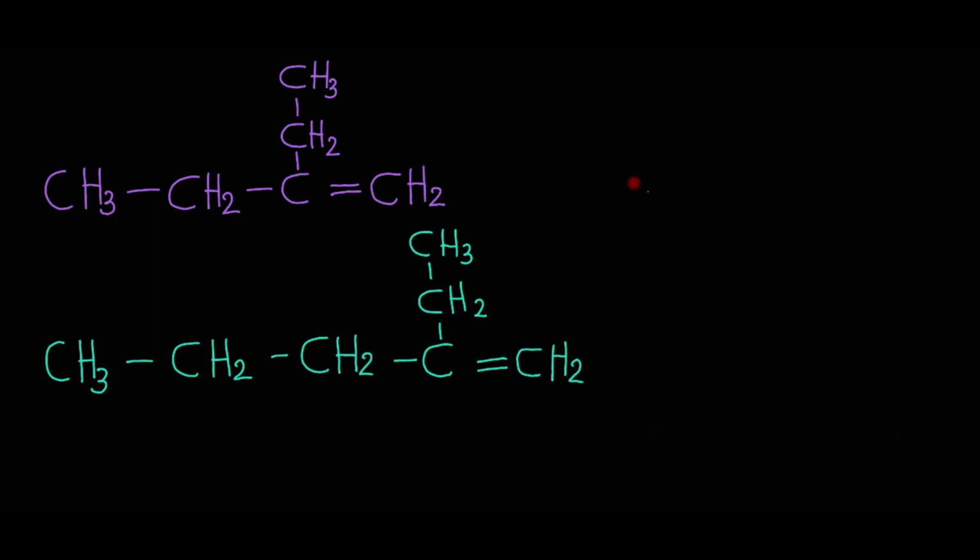The longest chain. Counting from right to left, this is 1, 2, 3, and 4. And now let's count from left to right. This is 1, 2, 3, 4. But let's go in this direction again, this one, because it is a chain.